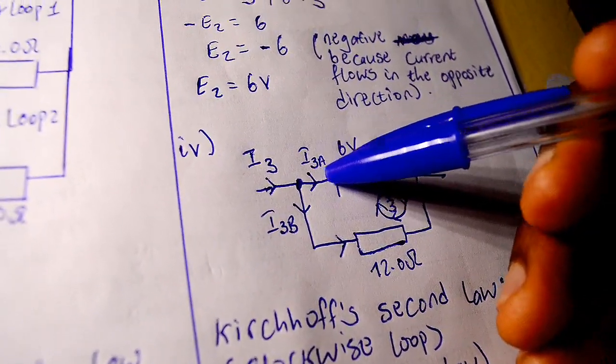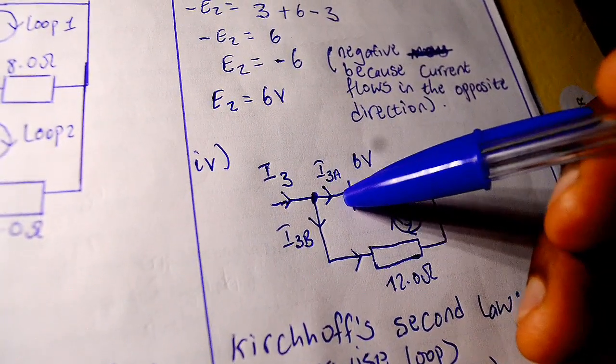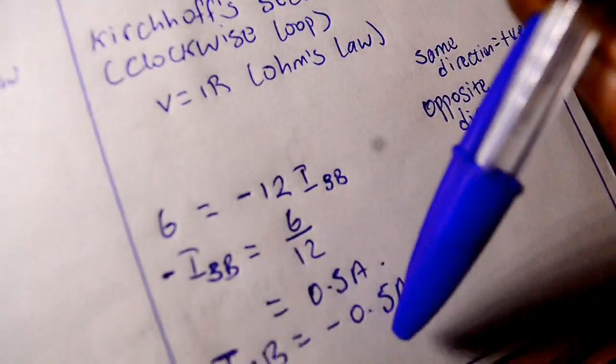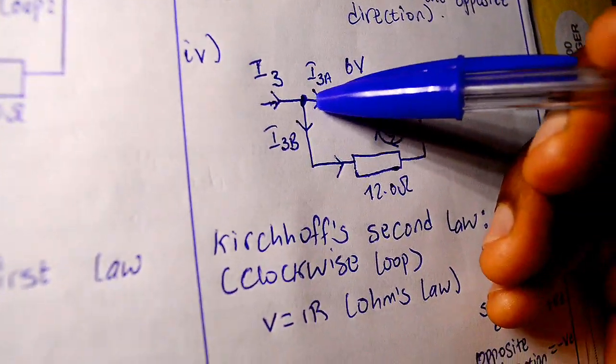Remember, current always moves in the direction of the longer line. That's why it's negative, showing that we took the opposite direction.